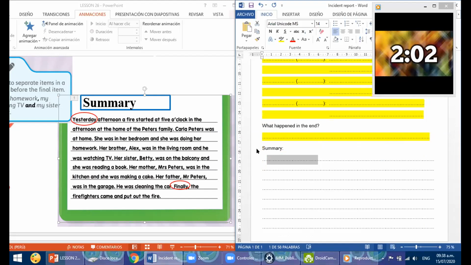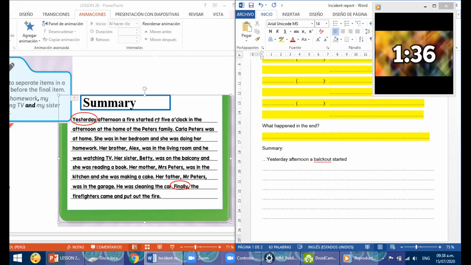In your case, similar: yesterday afternoon, a blackout started. An earthquake started. We are going to write very similar, okay?